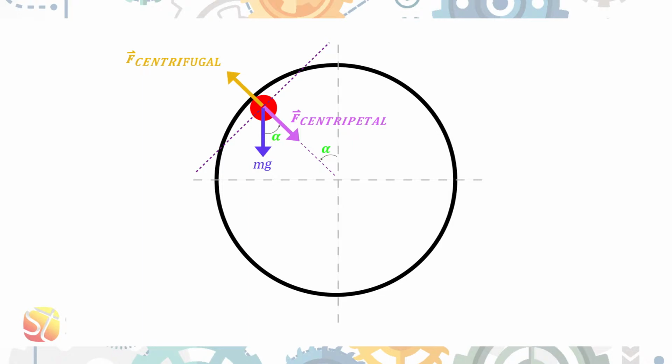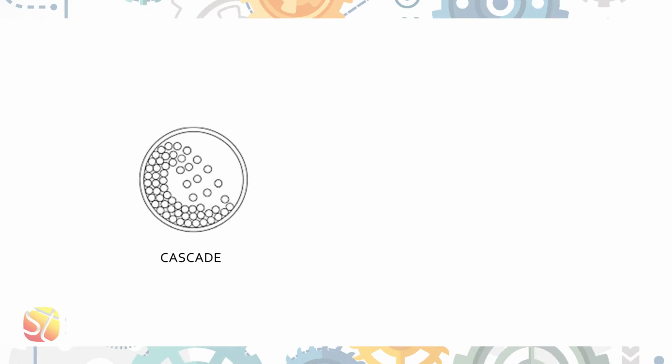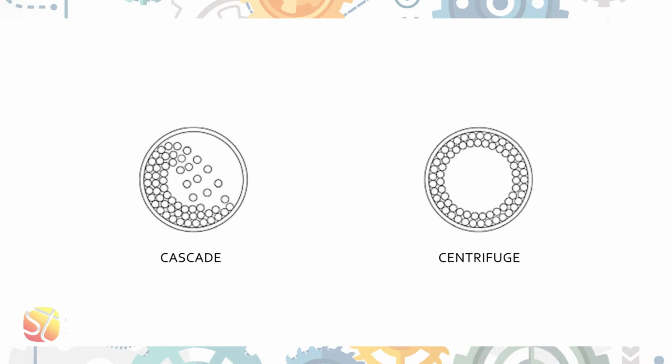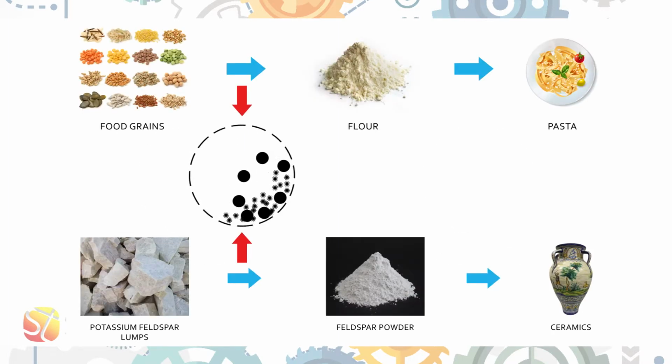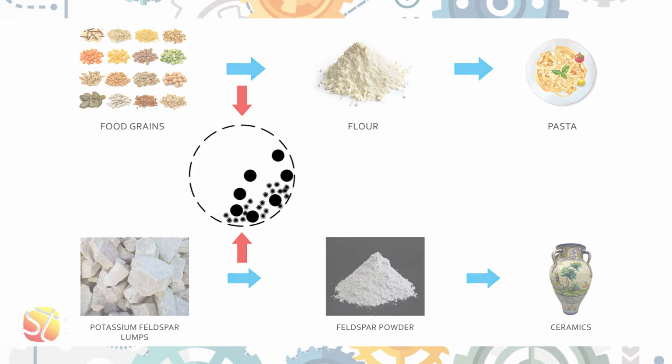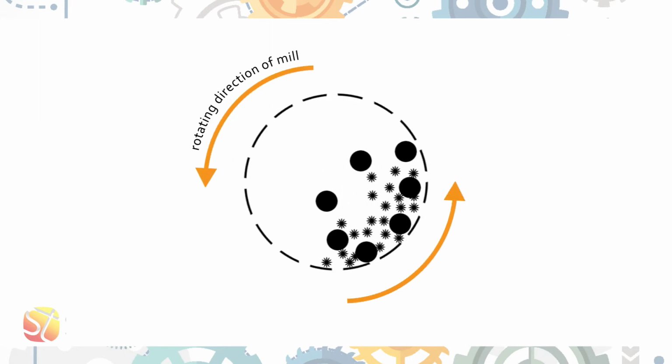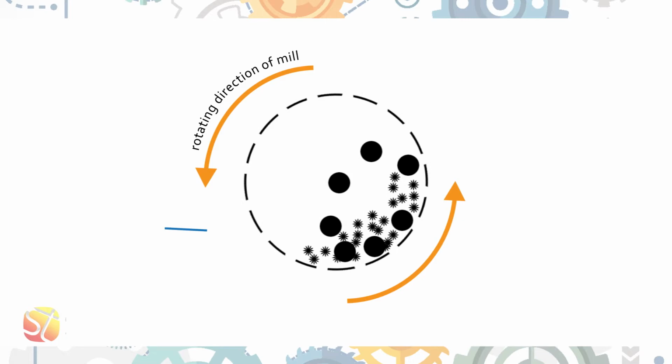There are two ways how the red point particle may move as the milling machine rotates. It may cascade or centrifuge. At this point, if you want to use this as an example to your students, you may ask them to think critically and analyze based on the purposes of the milling machine as described in the examples earlier.